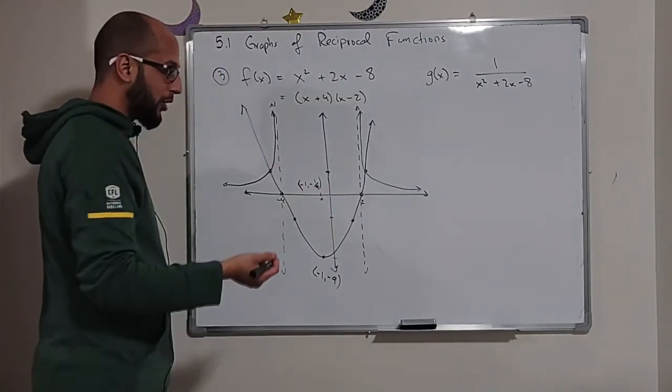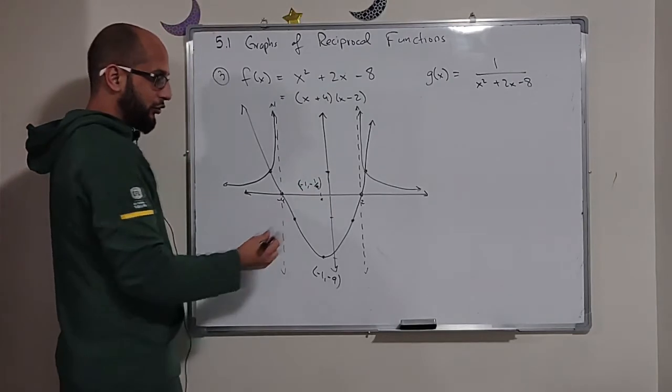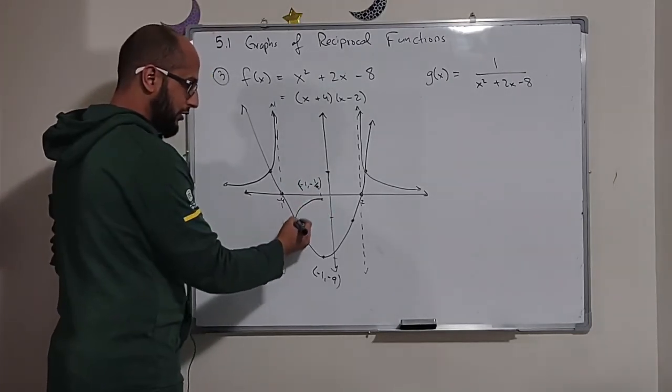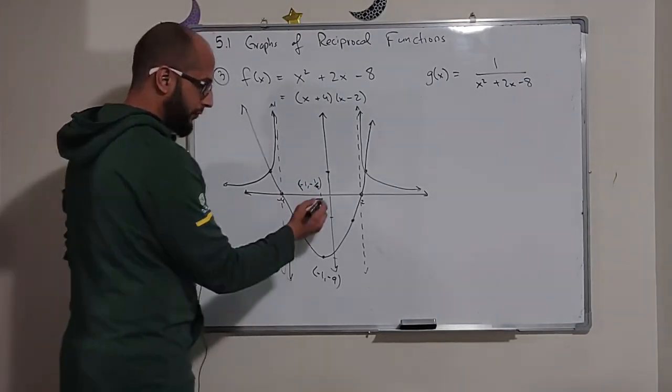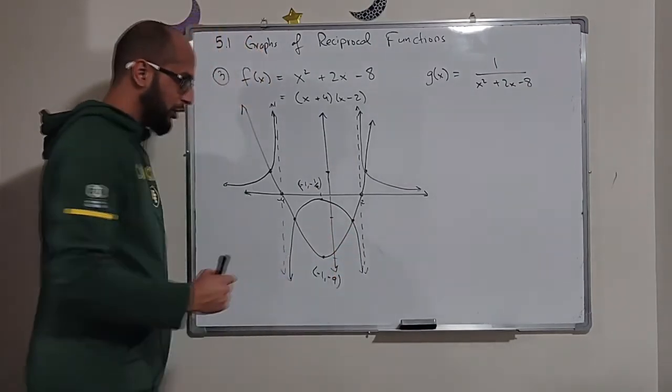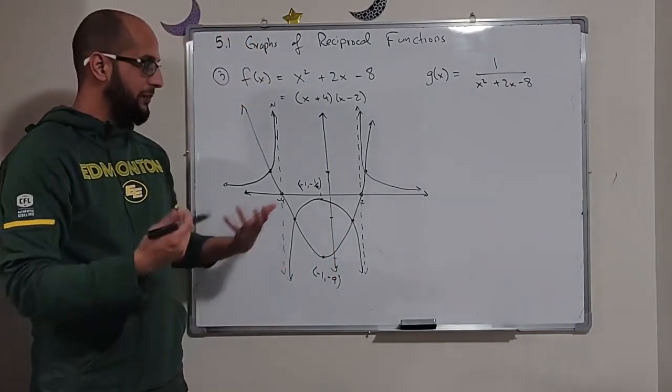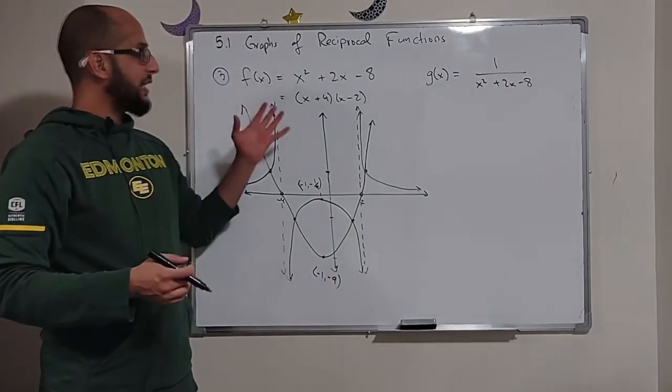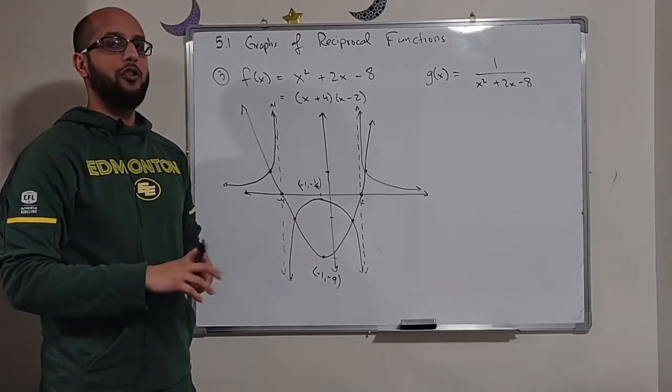So obviously we're going to approximate that and say that's -1 over 9. The rest of it now is just joining the dots and getting a general shape. We know that at the asymptotes it's approaching the asymptote but not quite touching. So that's how we would do the reciprocal of a quadratic function.